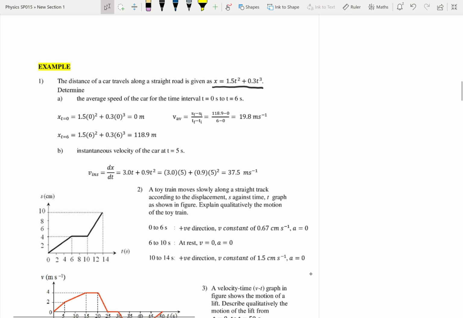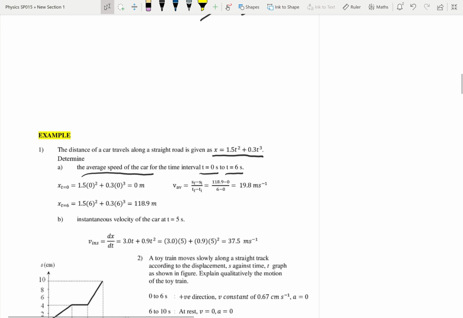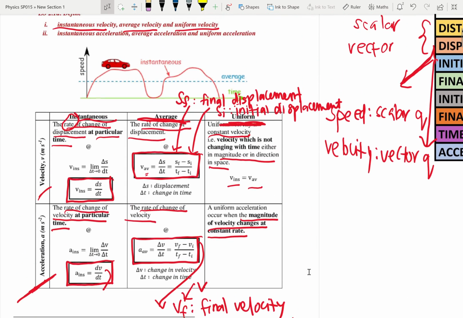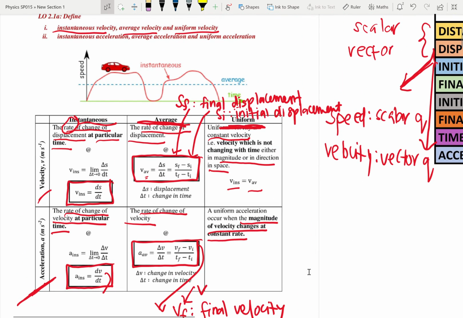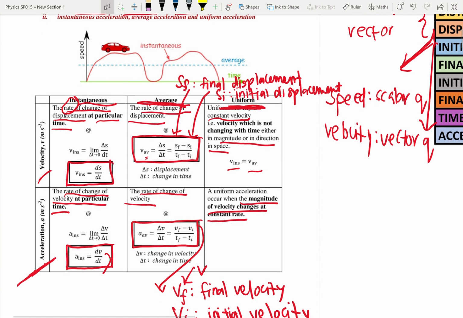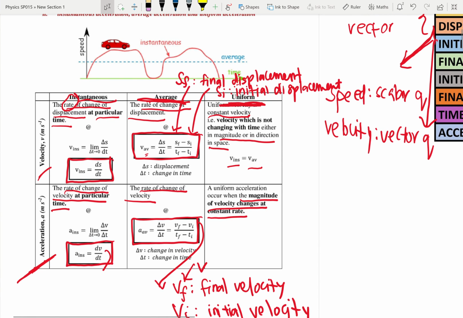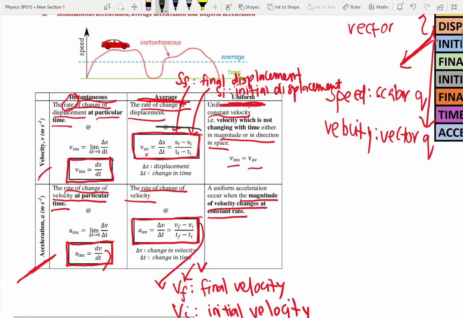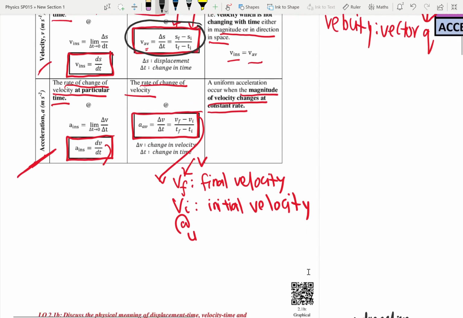Determine the average speed of the car for the time interval t0 to t6 seconds. So what is the formula for average speed? For average velocity, v equals s final minus s initial over time interval.